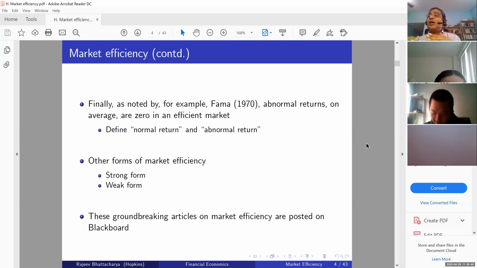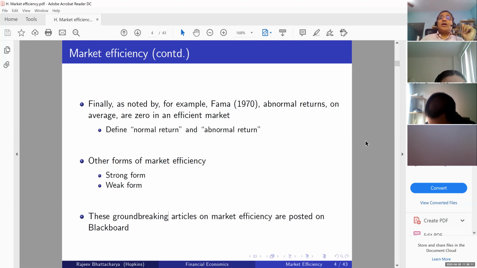So all of those models are attempts to estimate that normal return. So what Fama says is that abnormal returns on average are zero in an efficient market, because if the abnormal returns are positive in expectation, then there is immediate scope for arbitrage.